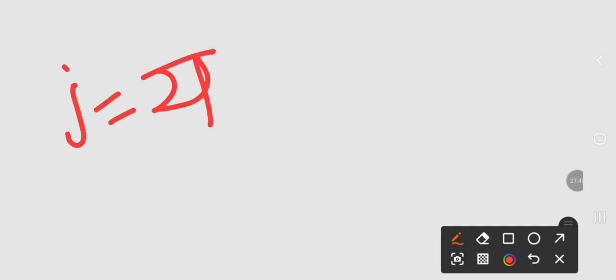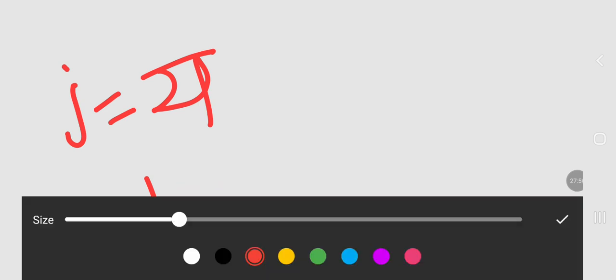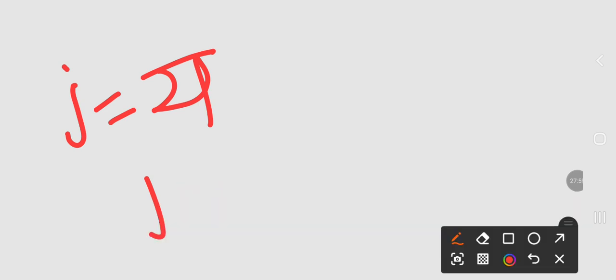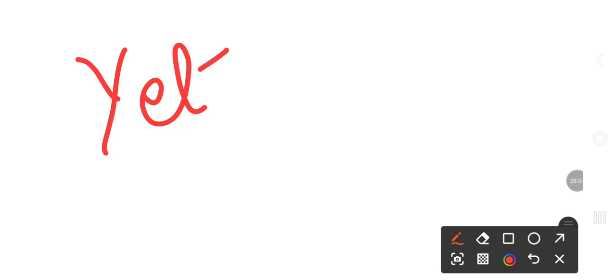Now next is the y sound. This is not J, small j. It looks like a small j, but this is not j. This is the y sound. So the spelling is yet. Suppose you have written yet, right?